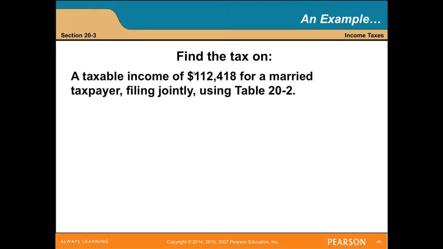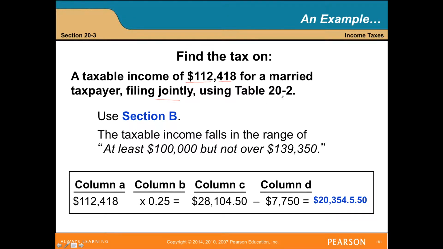Find the tax on a taxable income of $112,418 for a married taxpayer filing jointly using table 20-2. Use section B. The taxable income falls in the range of at least $100,000 but not over $139,350. So then you have column A, 112,418. Column B, you have 0.25.